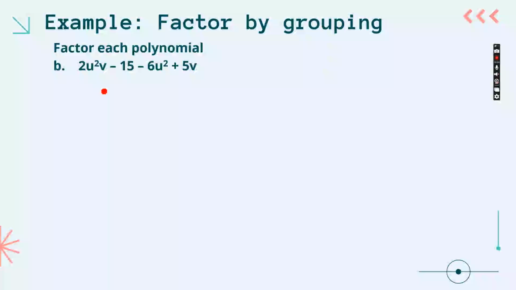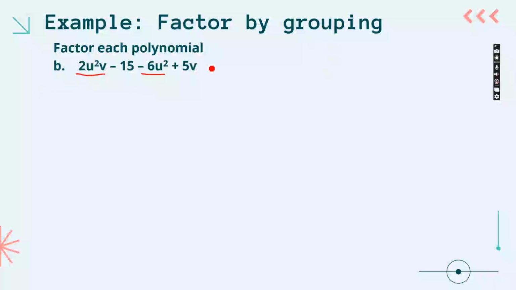Same thing here. But sometimes you might want to move some things around. For example, if you have a keen eye, we want maybe this term and this term to be grouped up together. You can definitely still move them around, just make sure that you keep the signs the same.